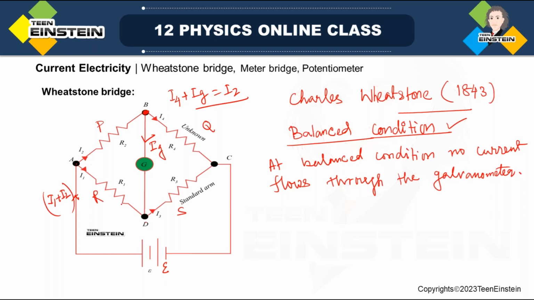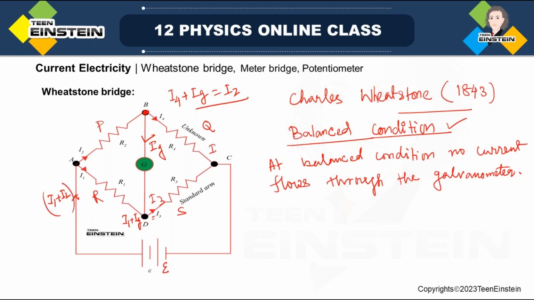Similarly, in this case also, look here, this current I1 is coming from A to D. Then with Ig, I1 plus Ig will be I3 at normal condition. So this is I3, which will be flowing B to C. And after flowing here, this I4 will add here.